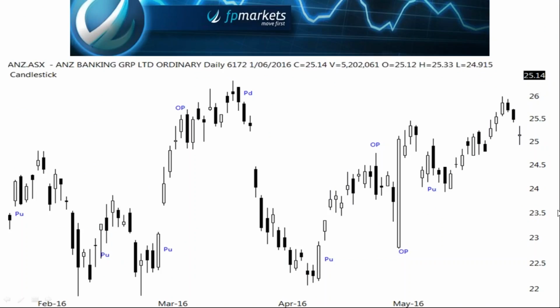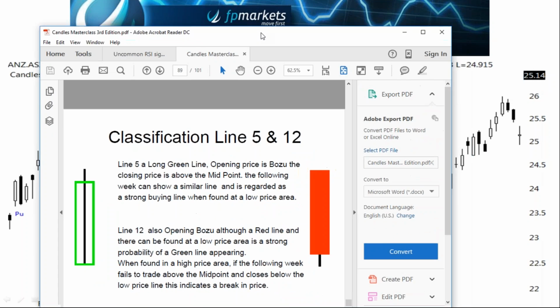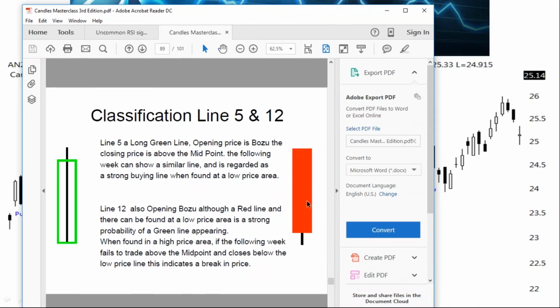One of the others, as you know, is the Haguro method that I put forward. I'll just point out again, we had a talk the other day about this line number 12.